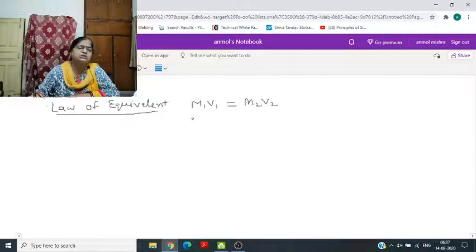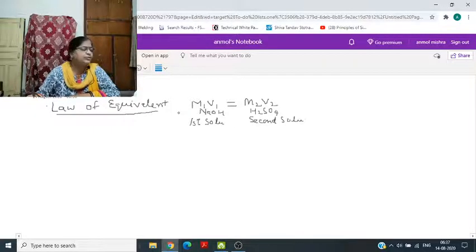This is the first solution, this is the second solution. For example, suppose it is NaOH and it is H2SO4. So we can use this formula.